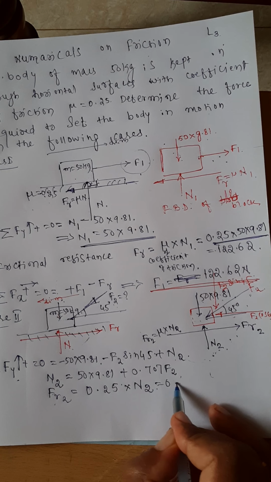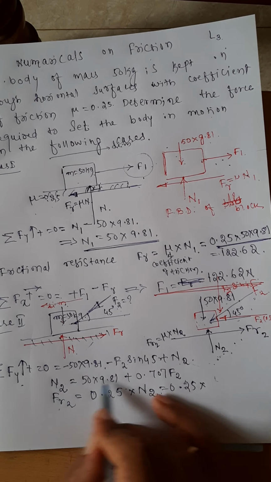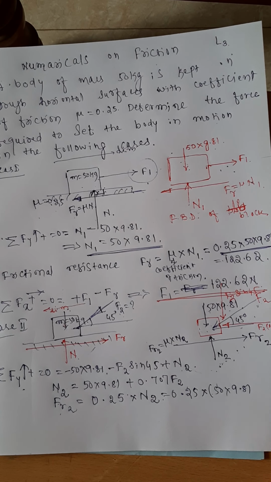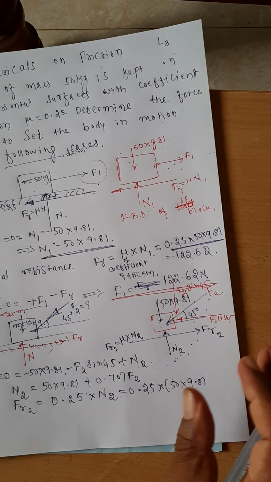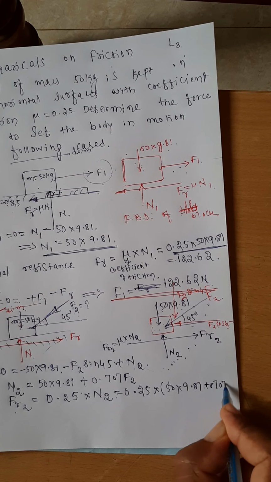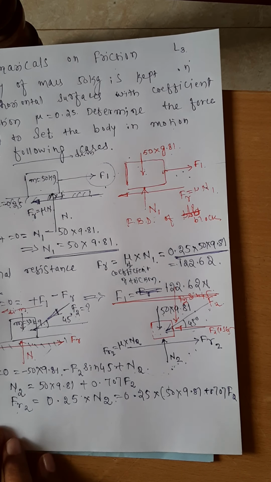Yes, this will give me 0.25 into N2, which is known to you. That is 50 into 9.81 plus 0.707 F2, right? So friends, FR2 is known to you.